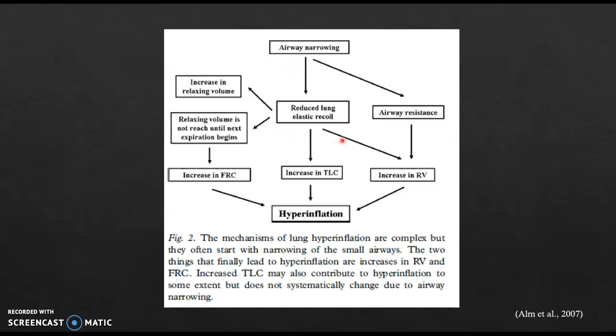It causes reduced lung elastic recoil, so the lung's ability to return back to its resting state completely for those alveoli to close, and that is a big deal. And if we increase our residual volume, total lung capacity, or functional residual capacity, any of those things will lead to hyperinflation, which ultimately correlates with the severity of disease.